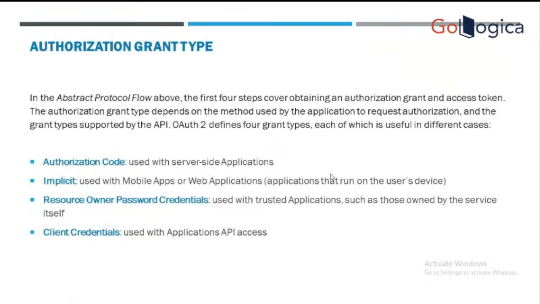These are our own devices. So whatever we require, we go to the particular application or the browsing page of that application. In those areas, the implicit grant type is used.